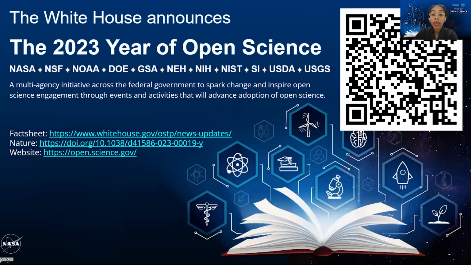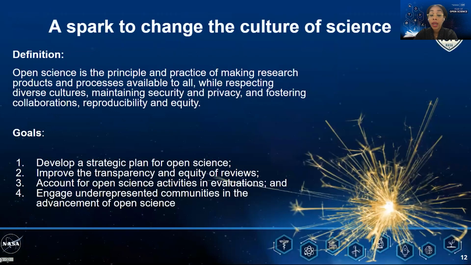There are 4 goals that anyone can adopt, from your science team to your department, to your institution, to an organization, as well as yourself. So first, let's think about open science and how we develop a plan to be more open.